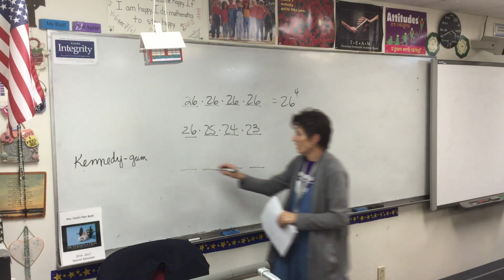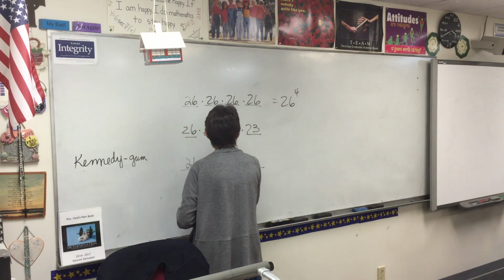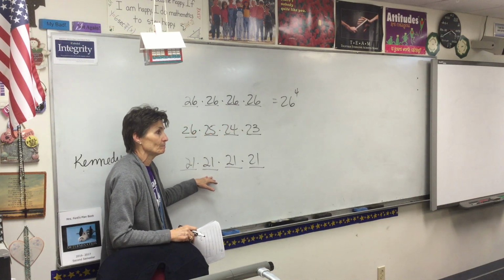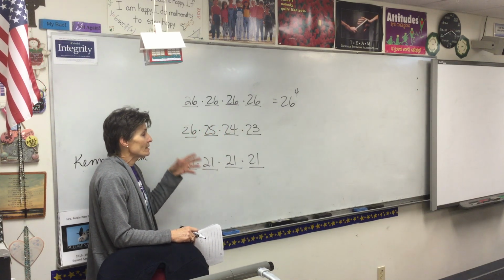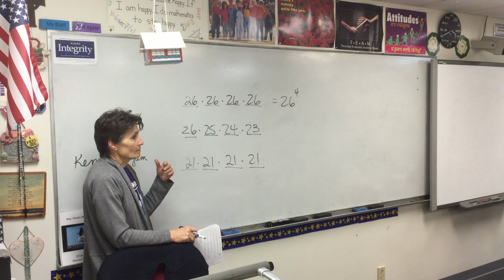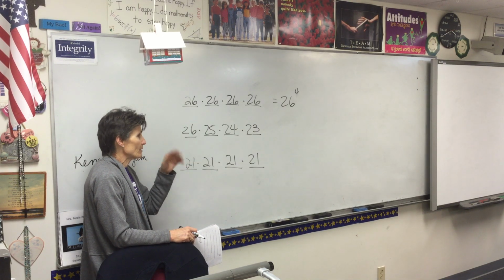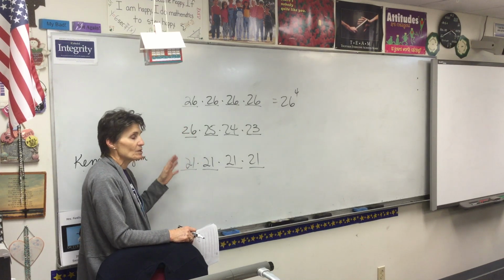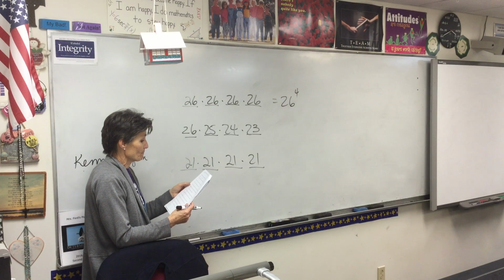So 21 times 21 times 21 times 21. That would be the answer to that one. So that would be like, I don't know, W, D, F, G or something. That would be no vowels in that thing.